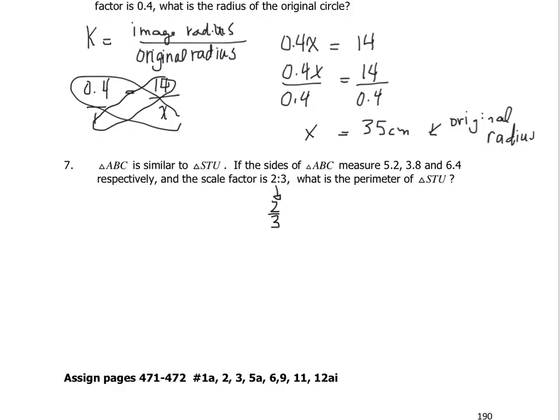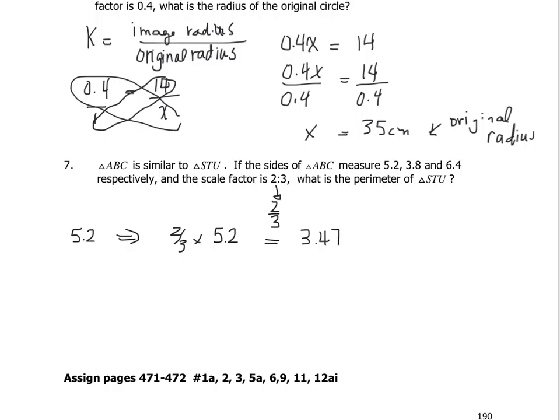So basically that's our scale factor, so then 5.2 would become 2/3 of 5.2. So that's 2 times 5.2 divided by 3, which is going to be 3.47.